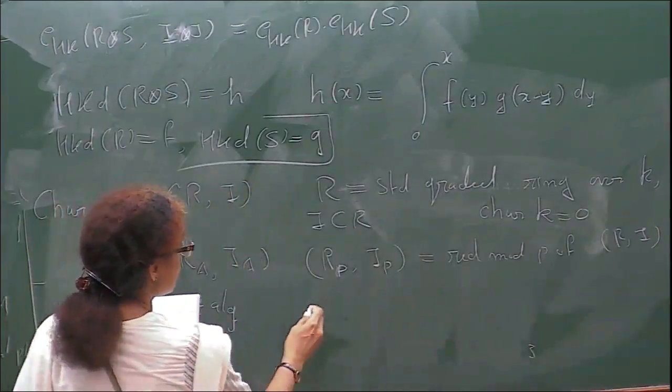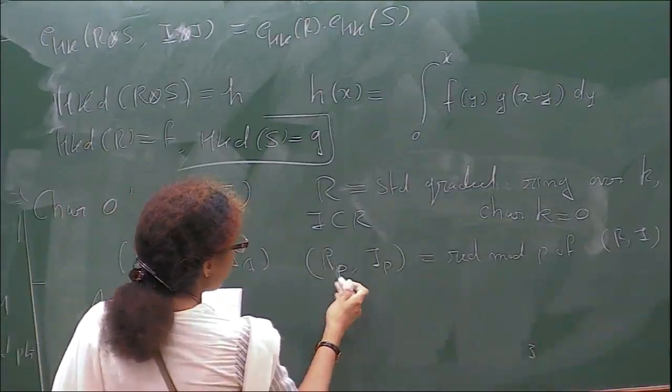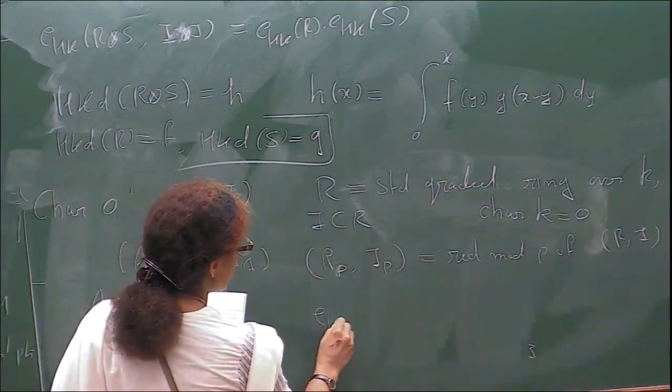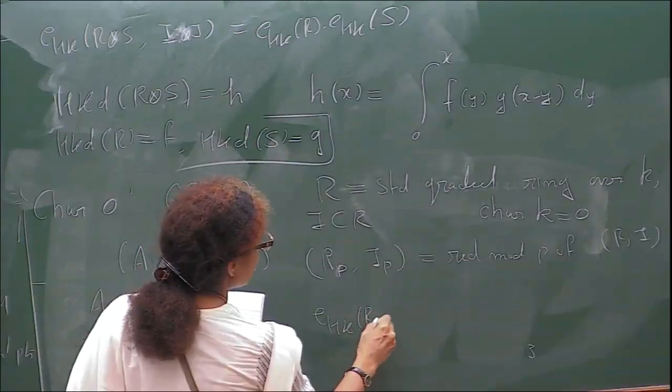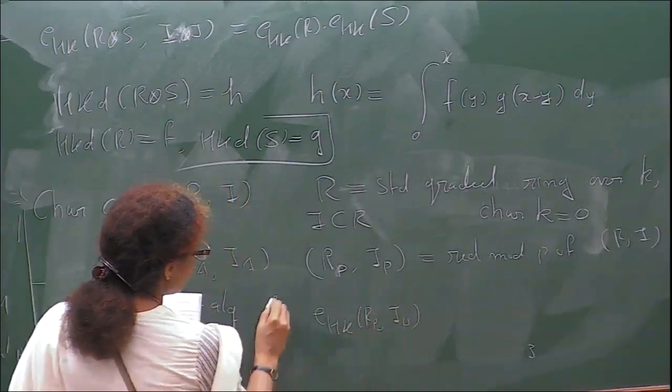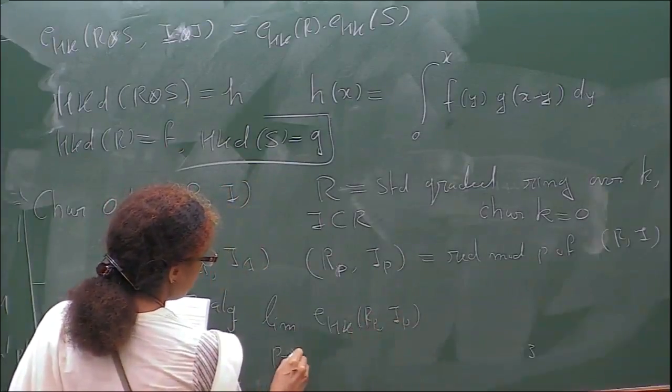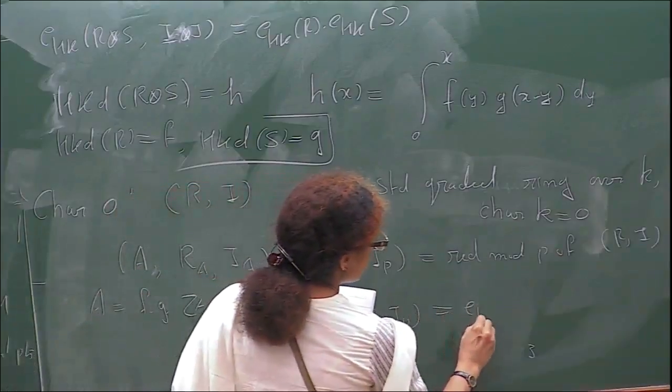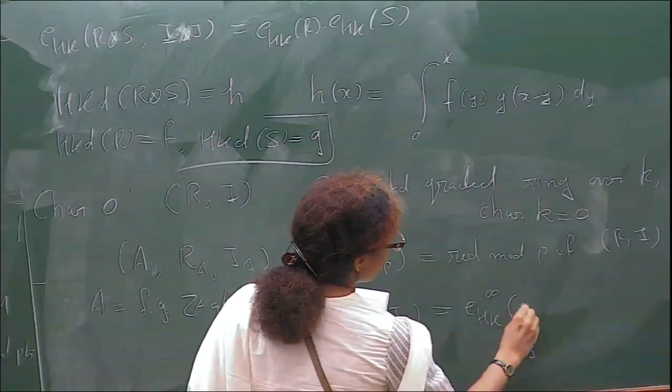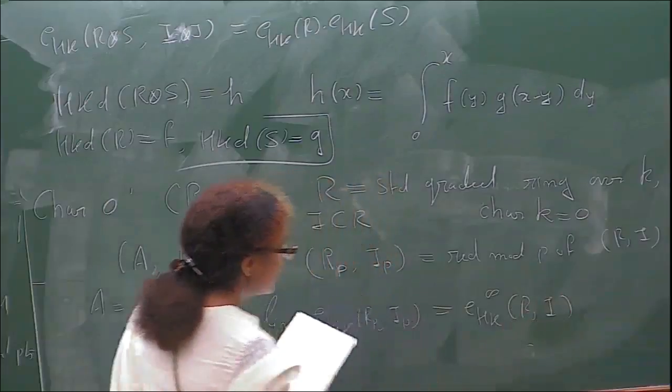Now you compute EHK of this pair in characteristic p. Then you define the limit as p tends to infinity, which people call EHK infinity of R.